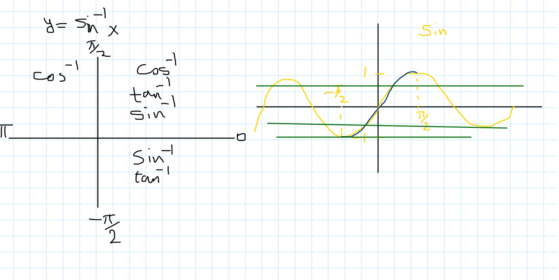So if I want to write the domain of sine, it was here. The domain is on the x-axis. It is -pi/2 and pi/2. And the range is between -1 and 1.